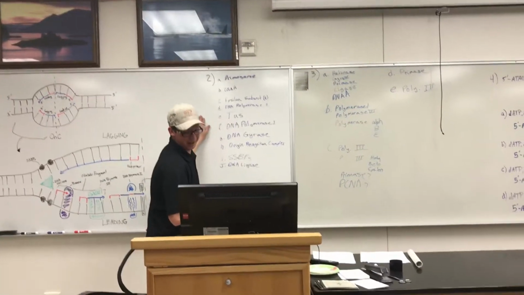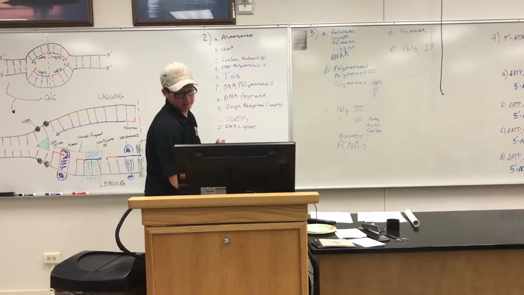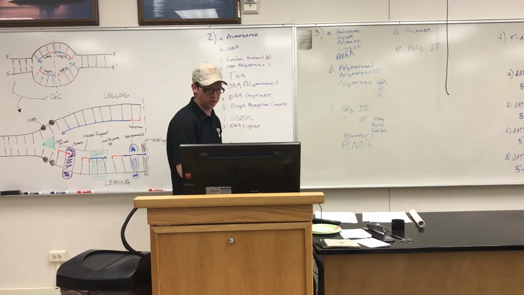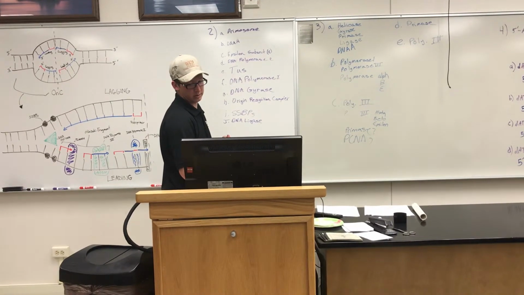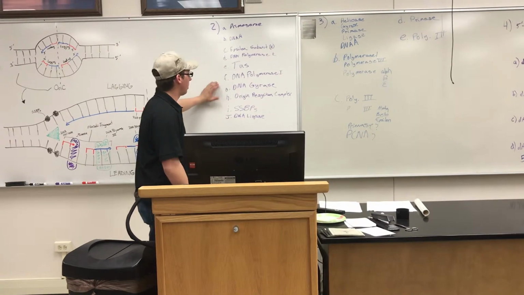For E, the termination utilization substance is the protein that displaces the DNA polymerase 3 from the chromosome to terminate replication. The protein that has a 5' to 3' polymerase and a 5' to 3' exonuclease activity is DNA polymerase 1.